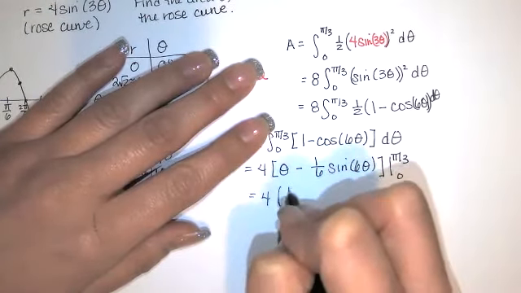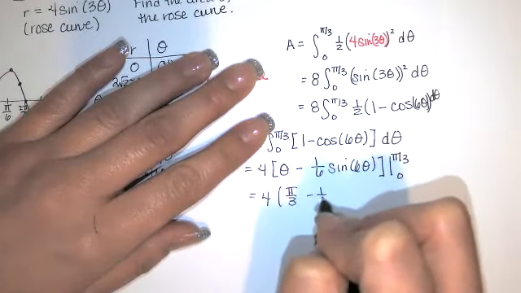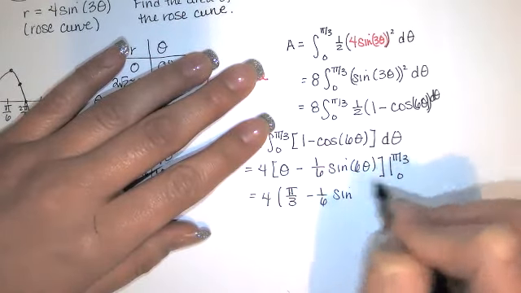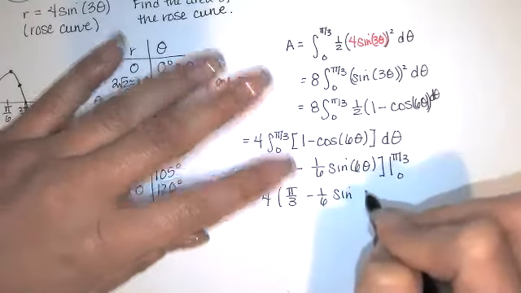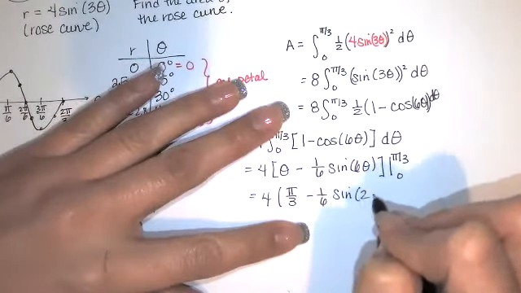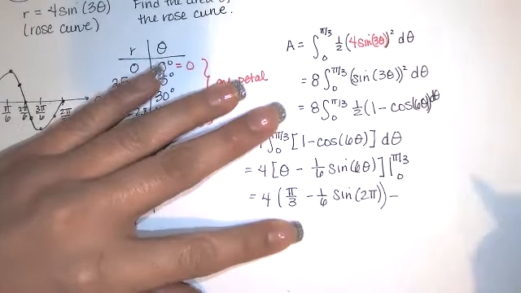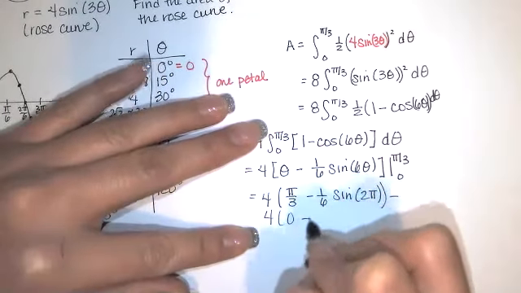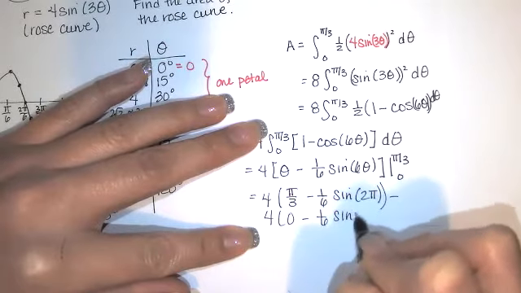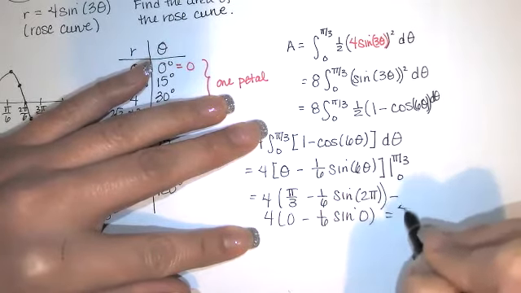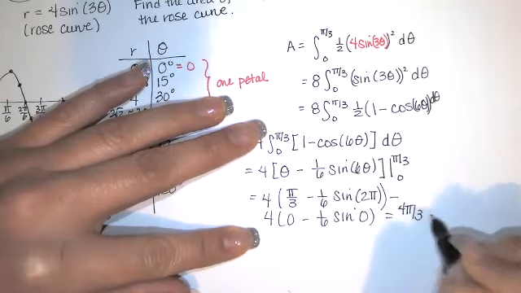So you have 4 times pi over 3 minus 1/6 of sine of 6 times pi over 3. So that's 2 pi, minus 4 times 0 minus 1/6 sine of 0. So we end up with 4 pi over 3.